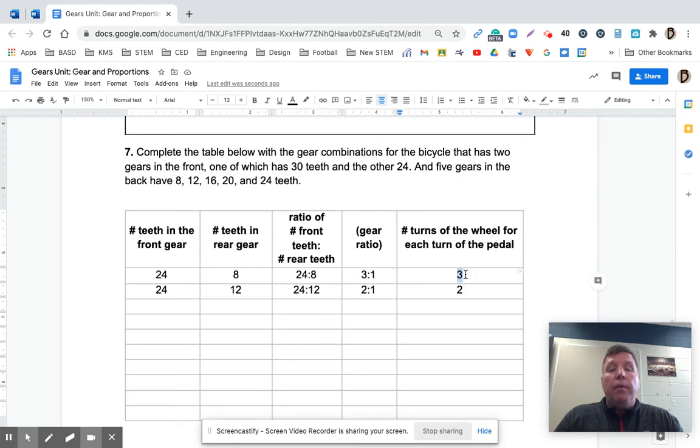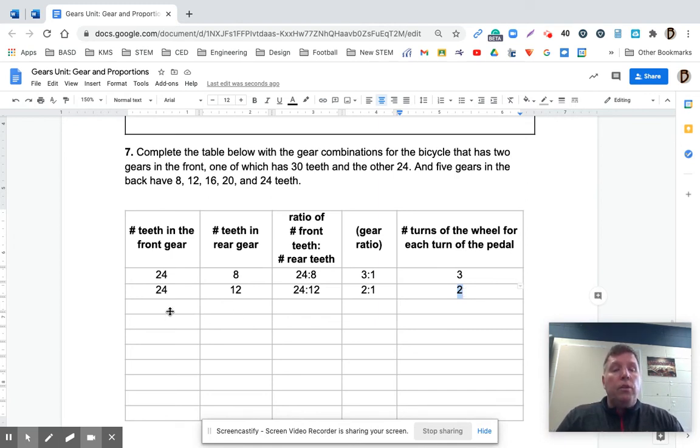I come up with every time I push that pedal down, I'm going to get 3 rotations out of the back gear. 24 and 12, 2 to 1 ratio, which means every time I push this pedal down, I'm going to get 2 rotations out of that back gear, which is going to rotate my tire 2 times.